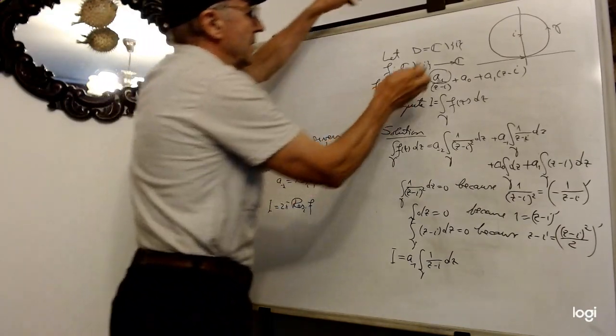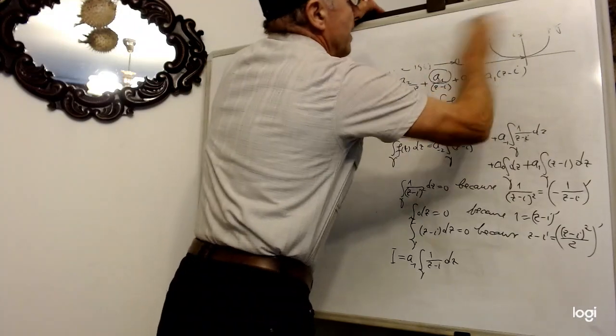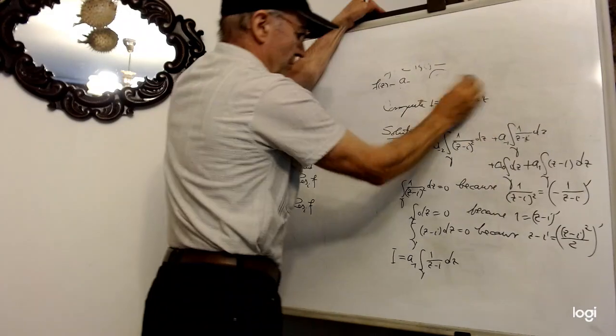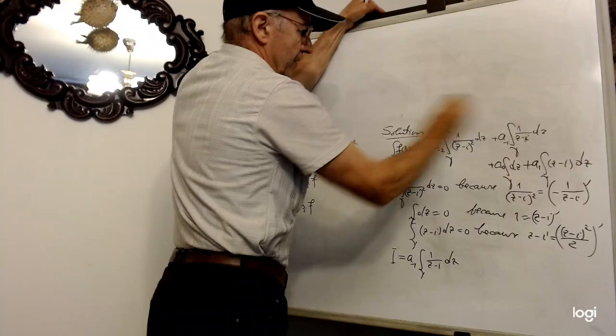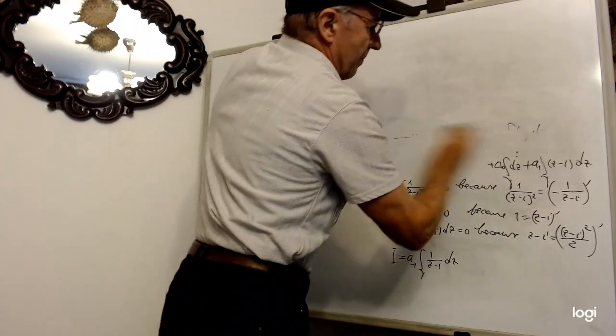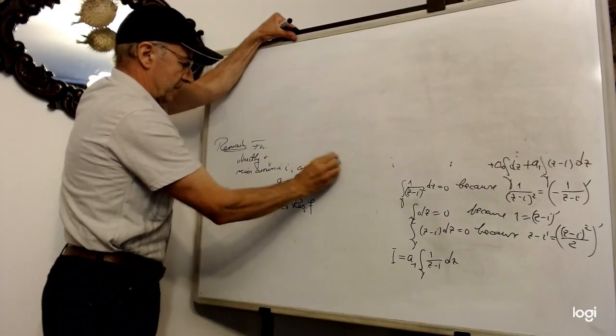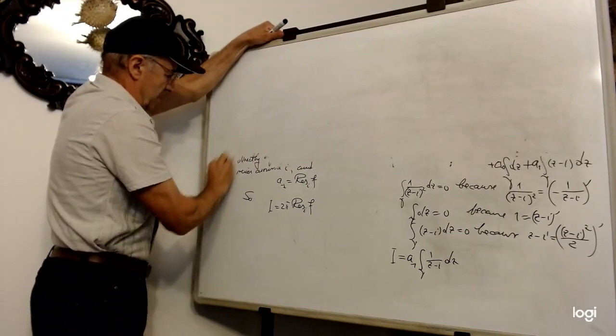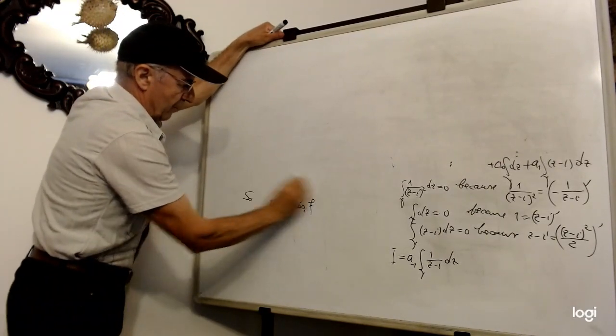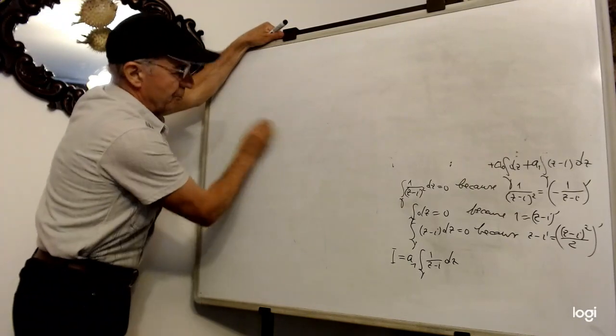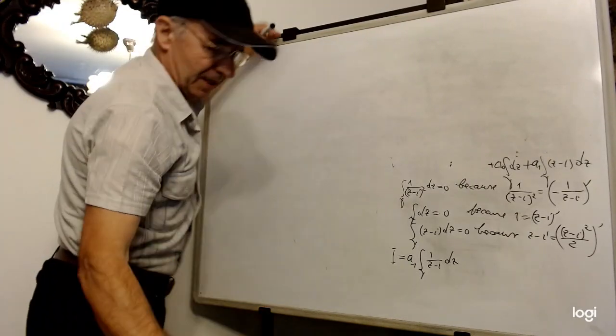Now we need some definitions in order to present the theorem of residues. Firstly, we have to define the winding number.